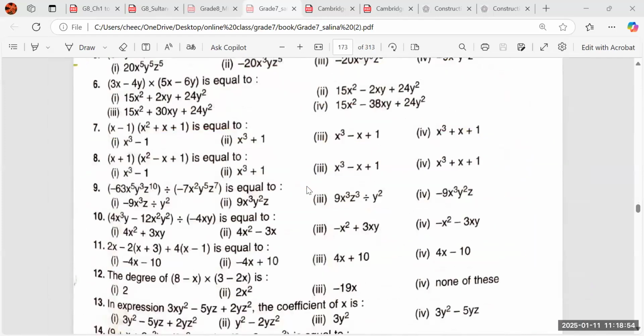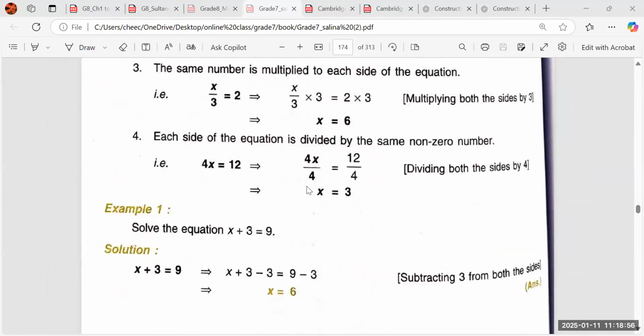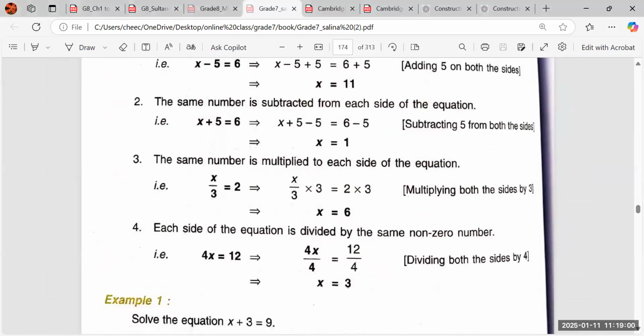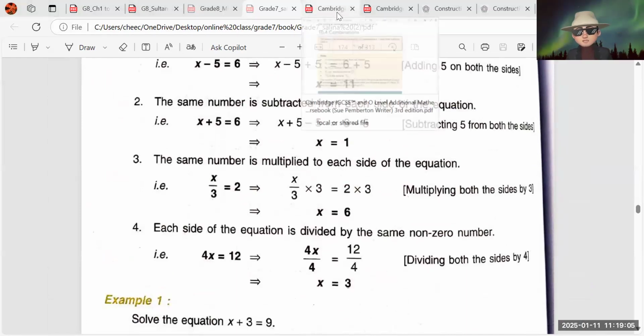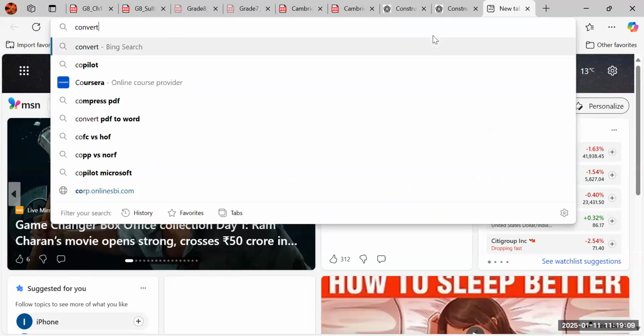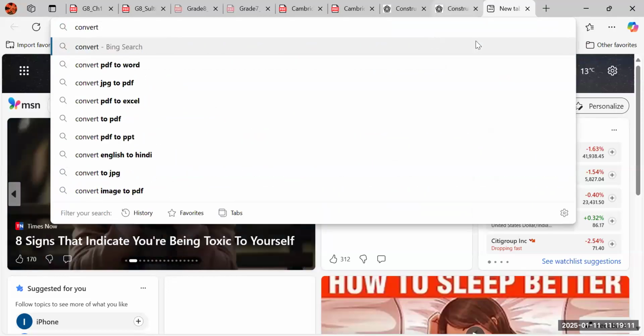I will jump to linear equations now. We are doing linear equations only, right? This was algebra. Linear equations is a part of algebra.